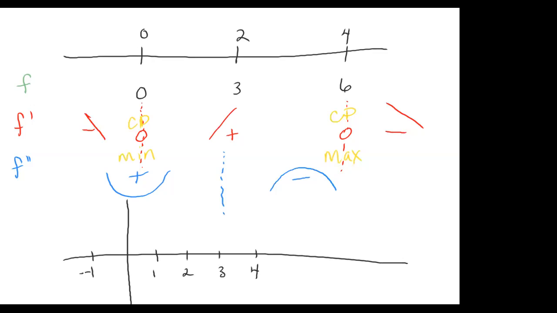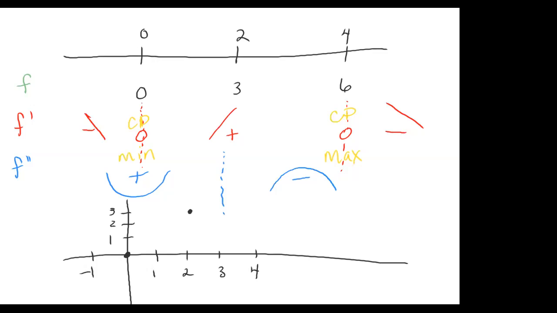I'm told a little bit about the y values here. f values are the y values. I'm told that the y value is 0 at 0. So I have a point, 0, 0. I'm told that the y value is 3 at x equals 2. So I have a point here, 2, 3.